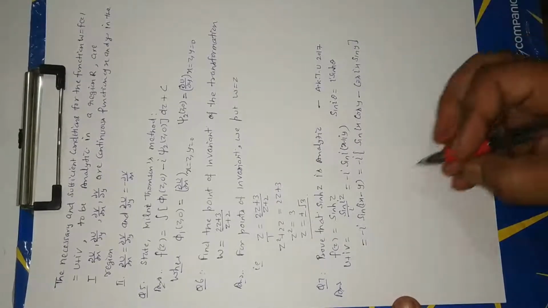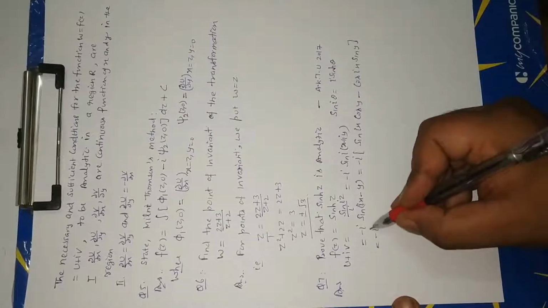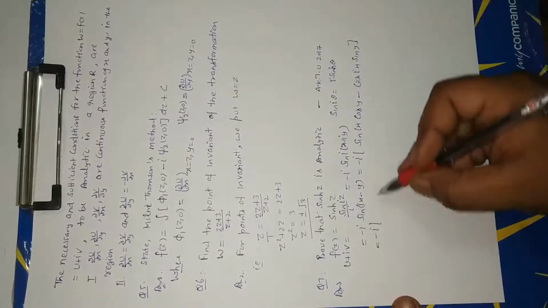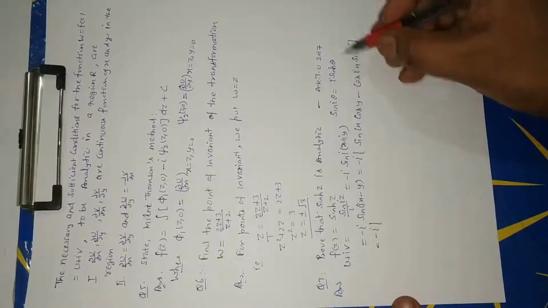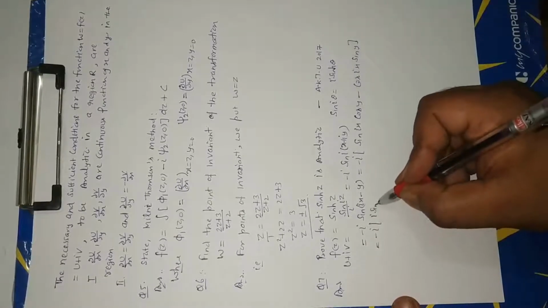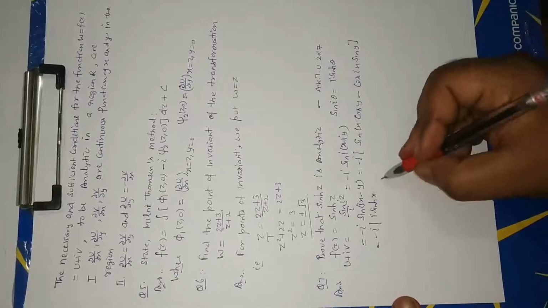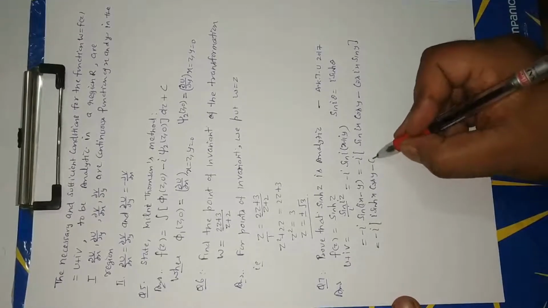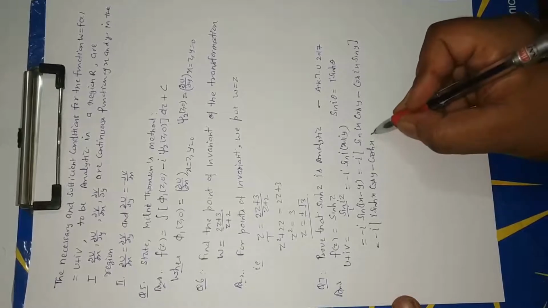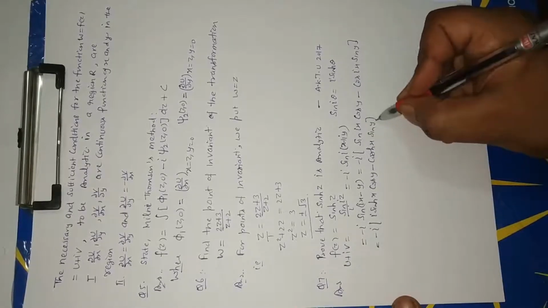Okay, student. Now -i. The value of sin ix is i sinh x, and cos ix is cosh x, so -i[i sinh x cos y - cosh x sin y].